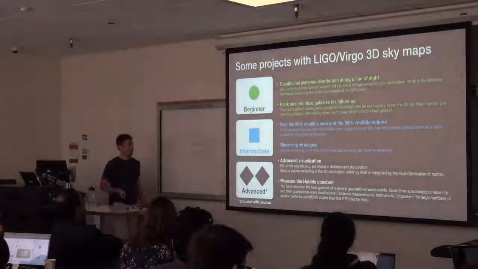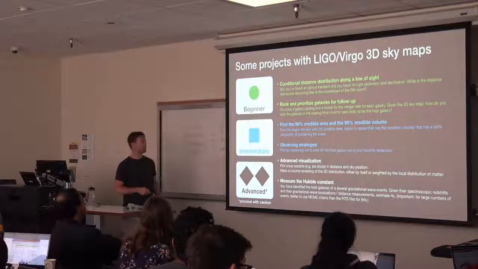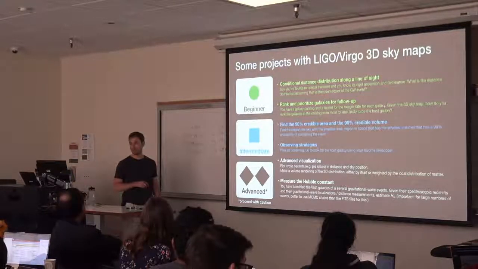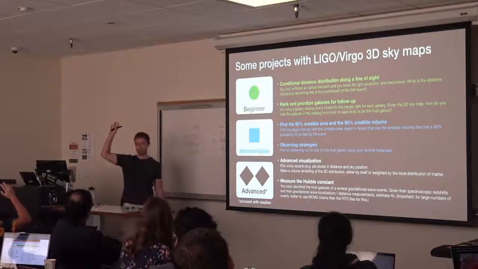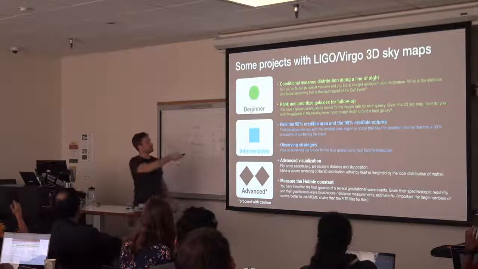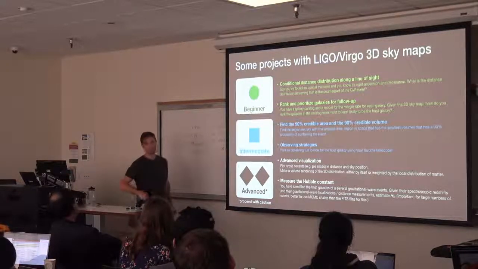So lastly, I've just made a list of some of the things that you can do with 3D sky maps. Raise your hand if you've ever gone skiing. Most people, half of people here. So these are the symbols for different types of ski slopes.